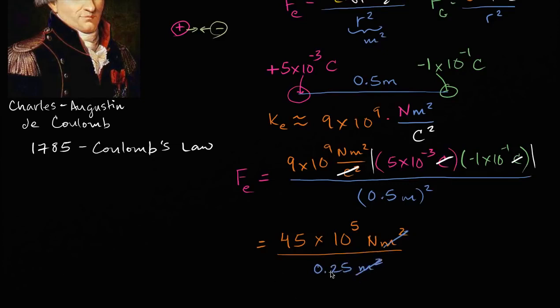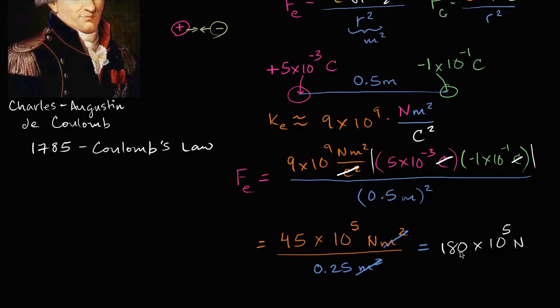And so we are left with, well, if you divide by 0.25, that's the same thing as dividing by 1/4, which is the same thing as multiplying by 4. So if you multiply this times 4, 45 times 4 is 160 plus 20, which is equal to 180 times 10 to the 5th newtons.